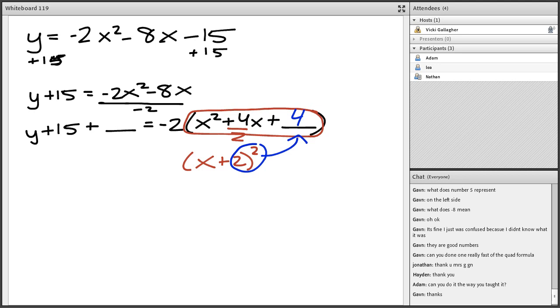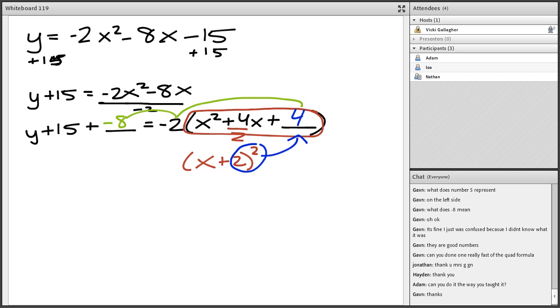Finally, I'm going to take the 4, hop out, and times it by the -2, and I'm going to put a -8. So this is the problem where you skip around a lot. You don't go in a nice linear order. It hops and jumps around.